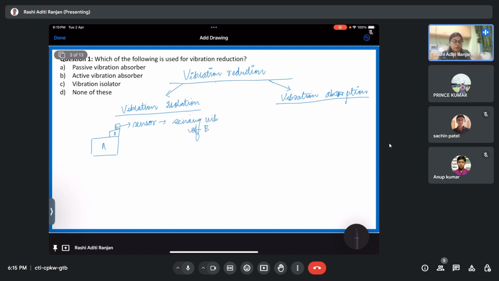But now my system A, due to some fault in its components, starts vibrating. So what will happen?